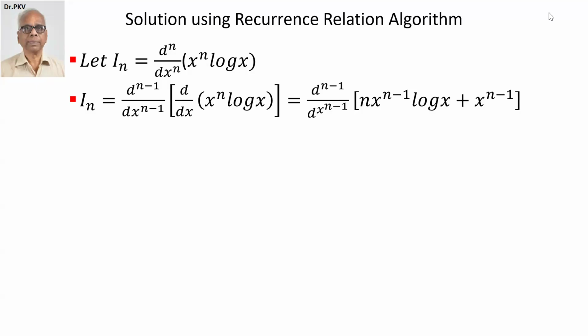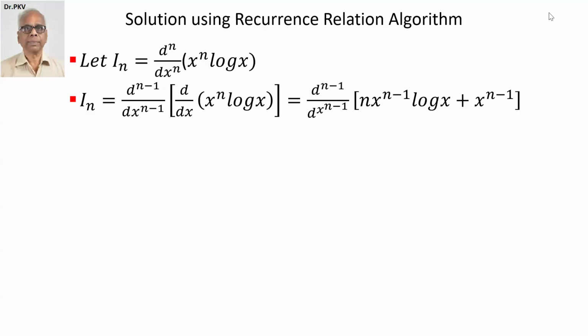It is n multiplied by x^(n-1) log x, plus, keeping x^n as it is, the derivative of log x, which is 1 upon x. So x^n divided by x will result in x^(n-1). This is the expression in the square bracket, which will have to be further differentiated n-1 times.